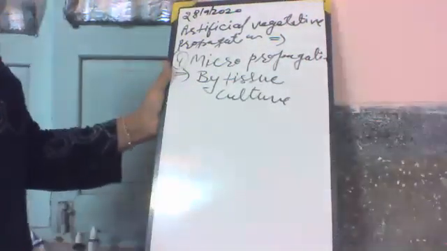In this method, we require some practical and some laboratory work. If vegetative propagation is not possible in a plant, then tissue of vegetative buds, shoot apex, or any other suitable part of the plant can be used as an explant.